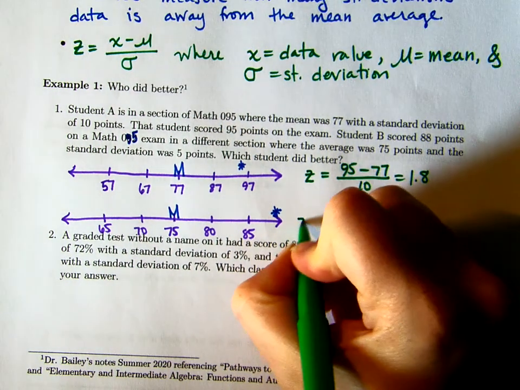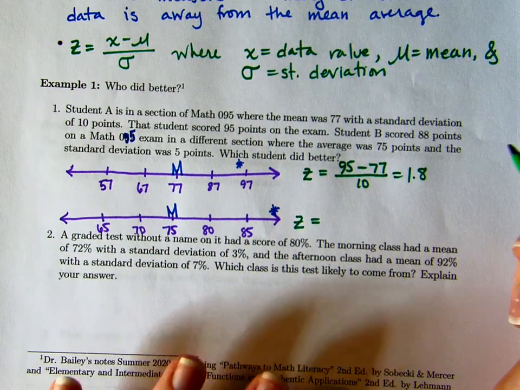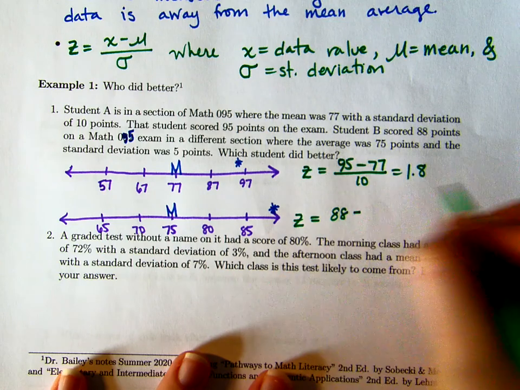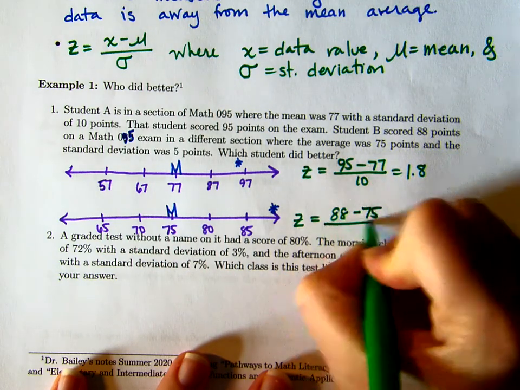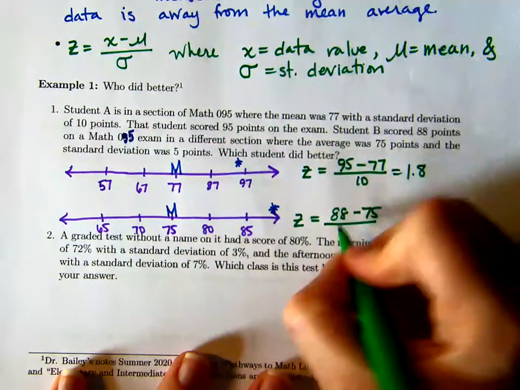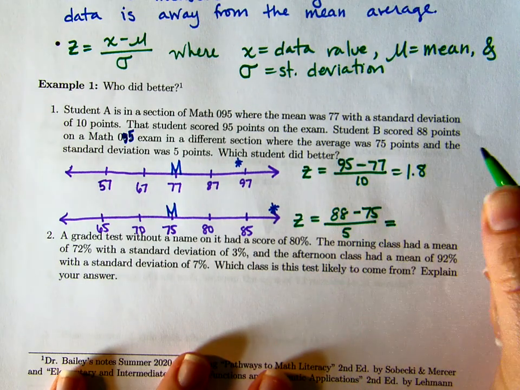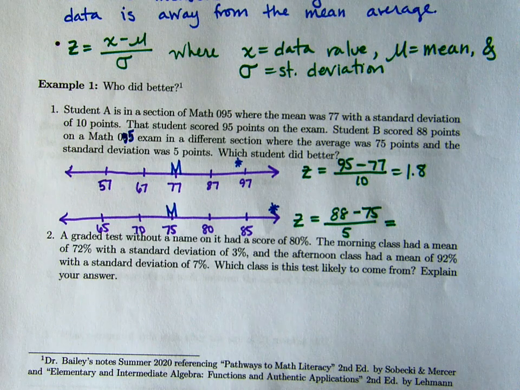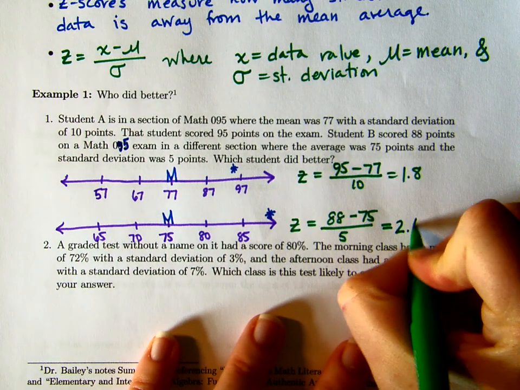Now, the second student in this other class, well, they scored an 88, and the average was a 75. And how many deviations go into that? Well, let's see, 88 take away 75, that's 13. 13 divided by 5, that's 2.6.